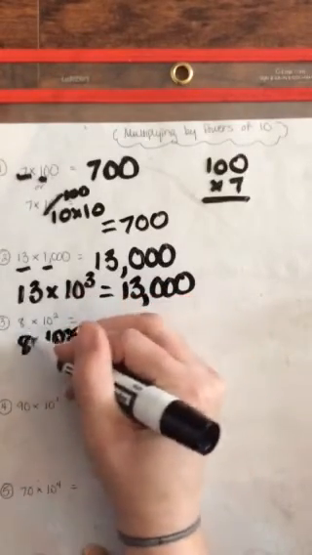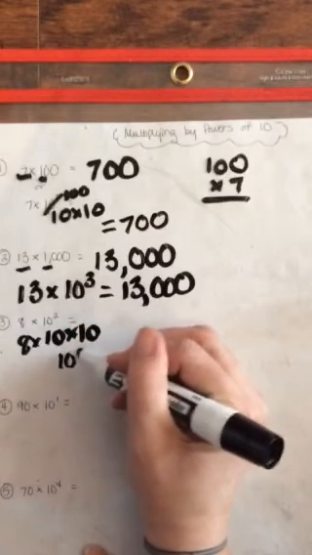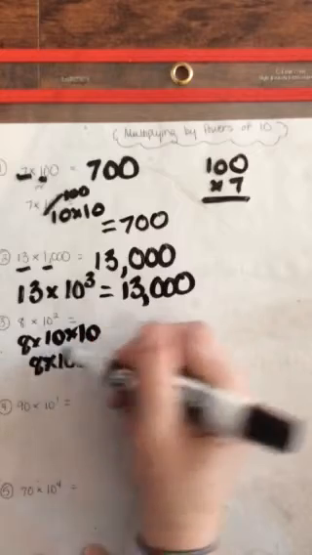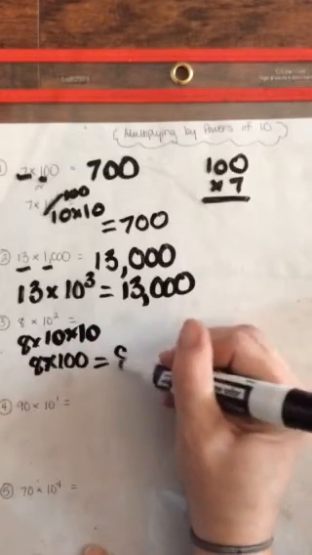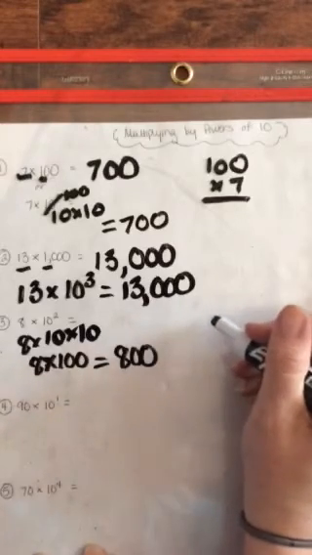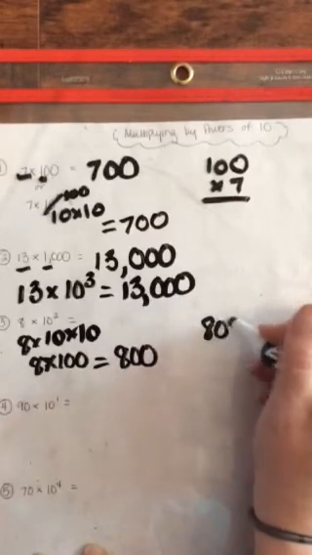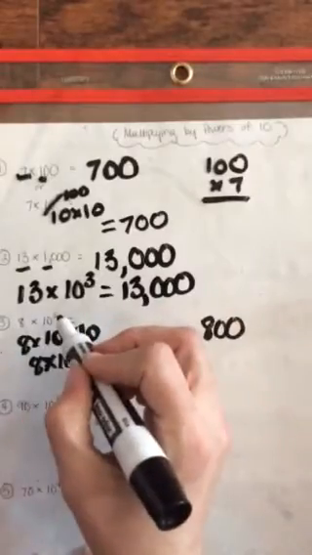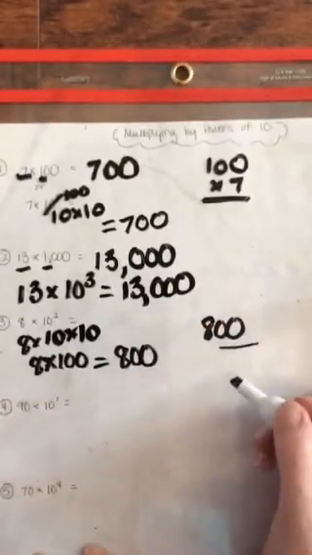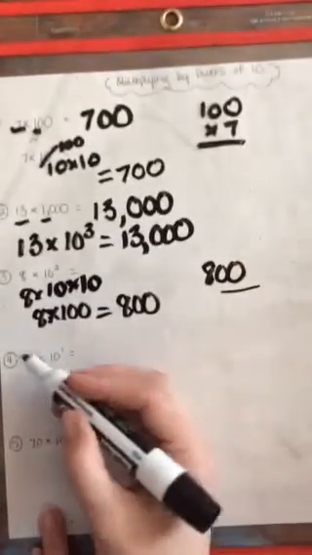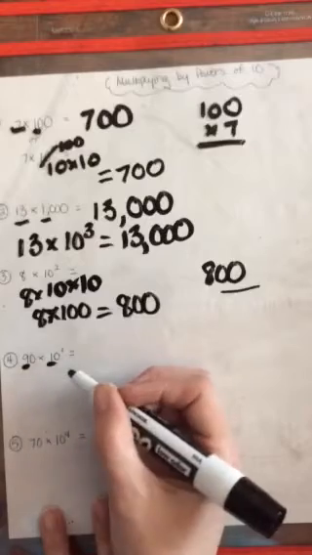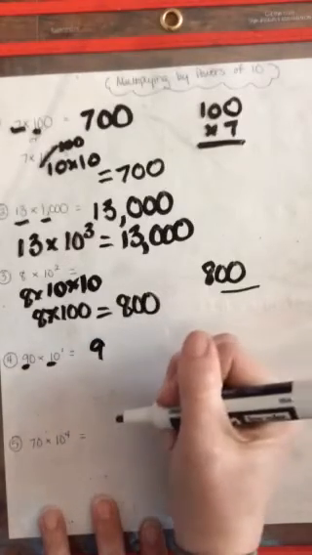Well, 8 times 100 gets us 800. You could have, like I said at the beginning, thought about, okay, I need 8 and add 2 zeros because my exponent is a 2 with a base of 10, so therefore my answer ends up being 800.